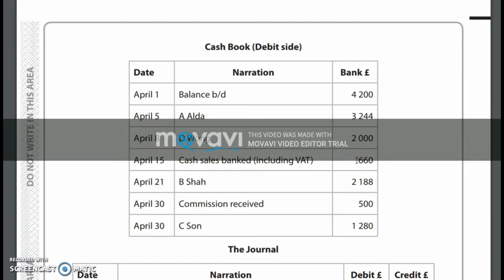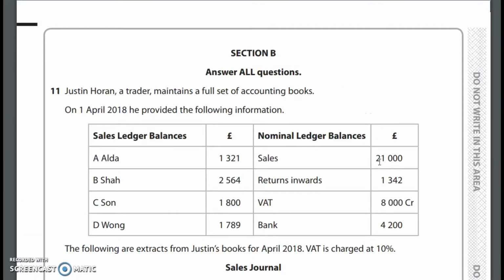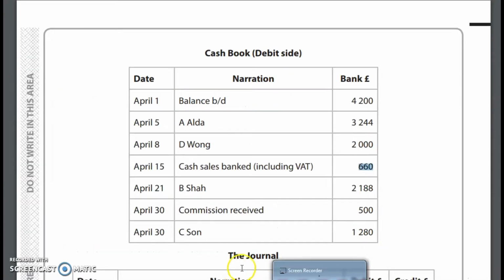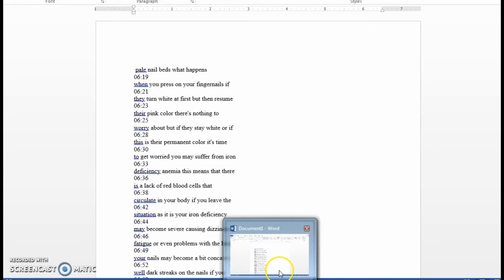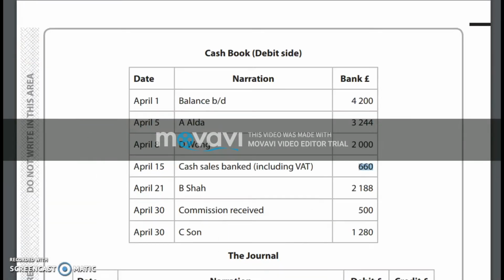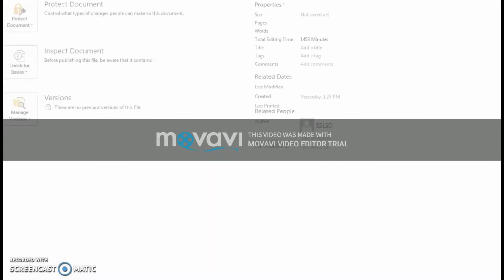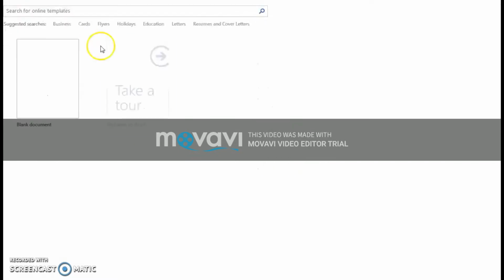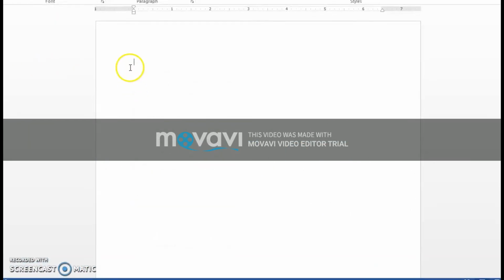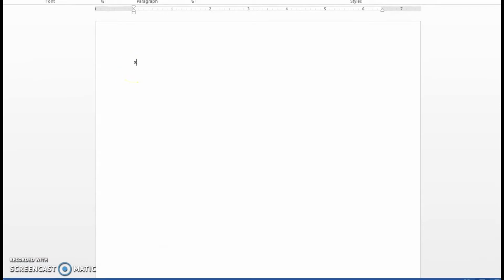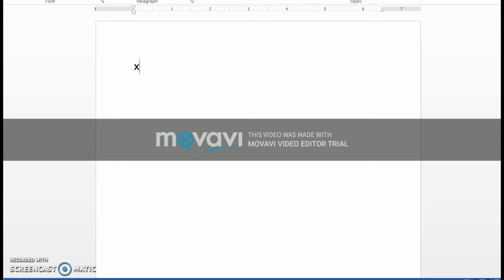Now we have to be very careful because they say including VAT, and previously they had given us that VAT is charged at 10%. So we have to use a simple equation and solve it. If you consider an equation for this, you will have a certain value.